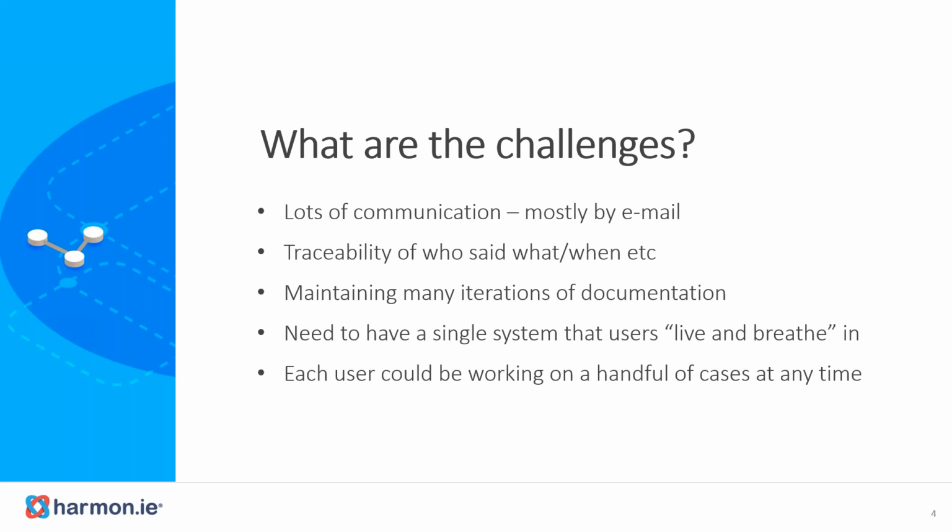But I think, for anything to be successful, the end user has to have a single system that they really live and breathe in, and that's what lots of people are very used to using, rather than having to switch between lots of different systems to get their job done. Also, any particular case manager or caseworker could be working on quite a number of different cases at any point in time, so they need to be able to distinguish between them, but have quick access to each case that they're working on.